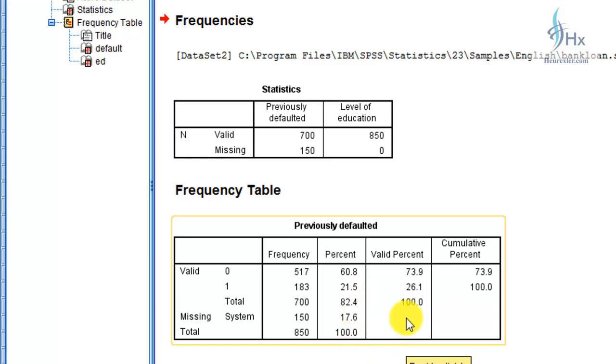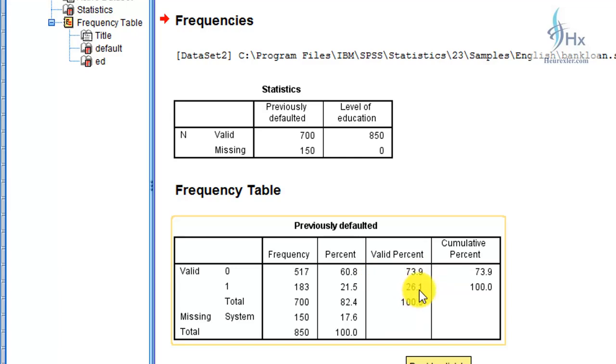So in combination, missing cases plus all valid cases make the 100% observation. But if you go by the valid percentages, meaning only those cases which are valid, and that is the 700, and you adjust all your outcomes based on the valid cases only, then out of all the valid cases, 73.9% are non-defaulters, and only 26.1% are defaulters.